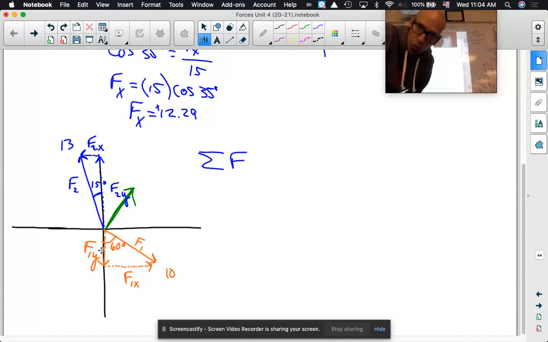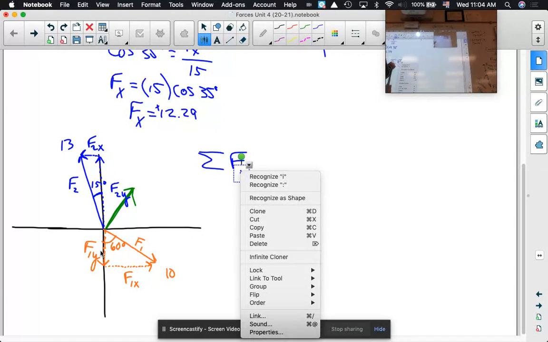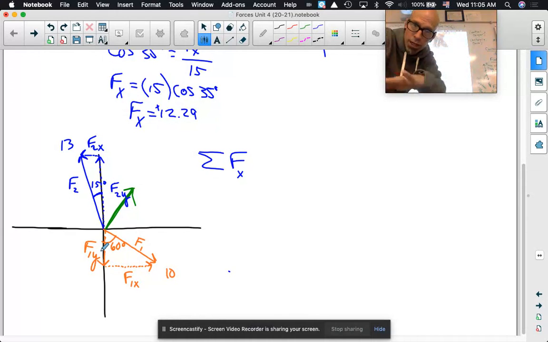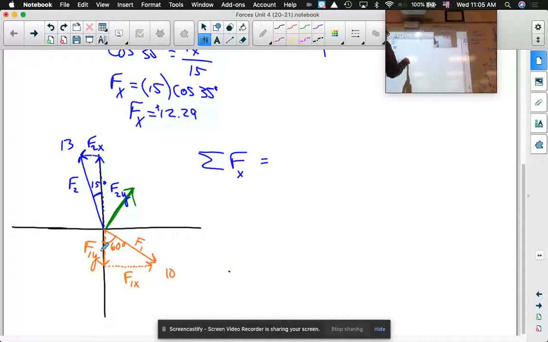So the sum of the forces in the x, the sum of all the forces in the x horizontal, would be F1x plus F2x.